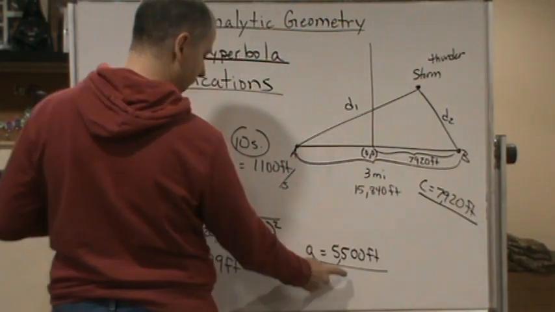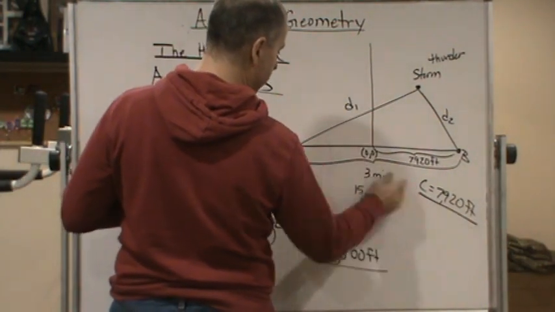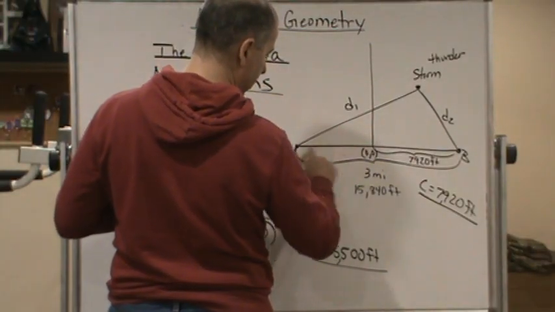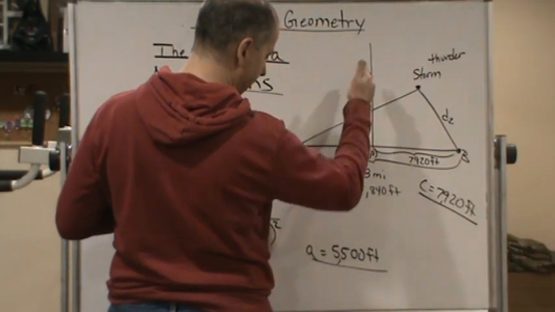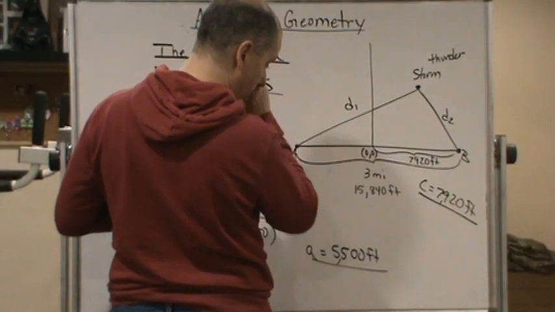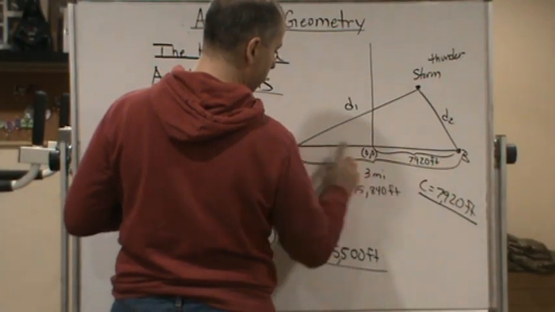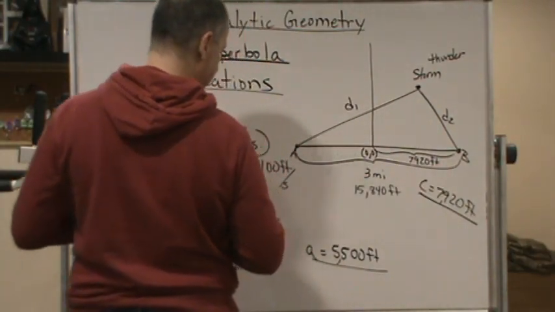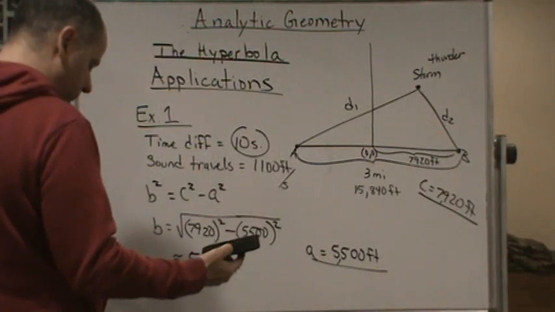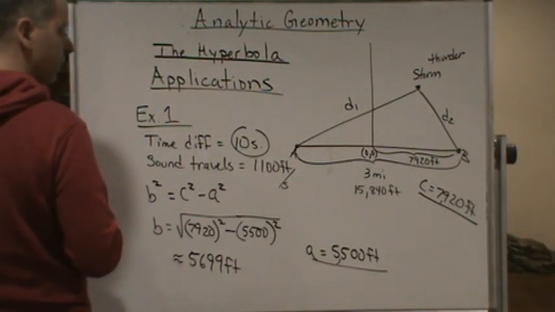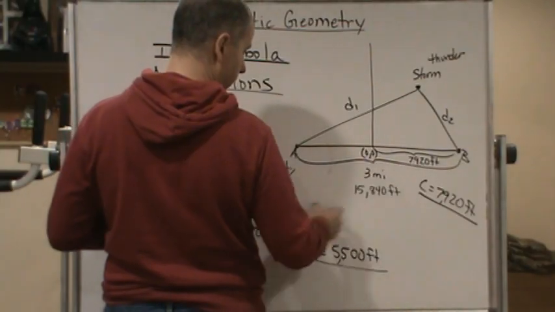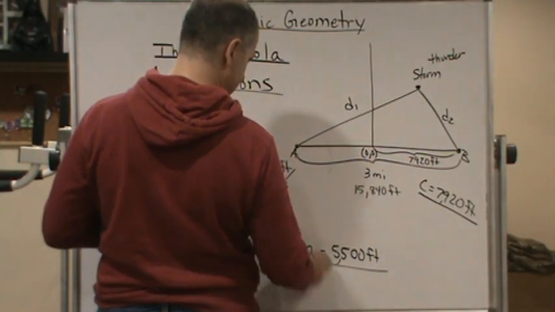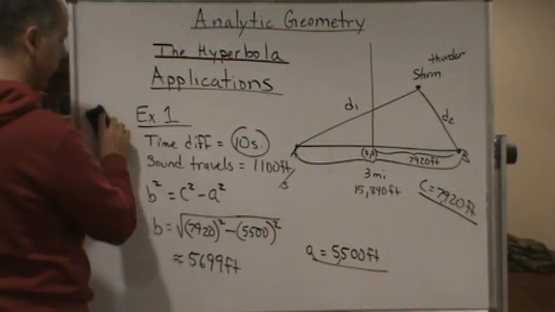That's how we got our a value. We got c because we know the distance between the two people is this, so halfway is the center, if we're assuming that these two points are going to be the foci of the hyperbola. So that gives us our a and c, and then we got our b here.